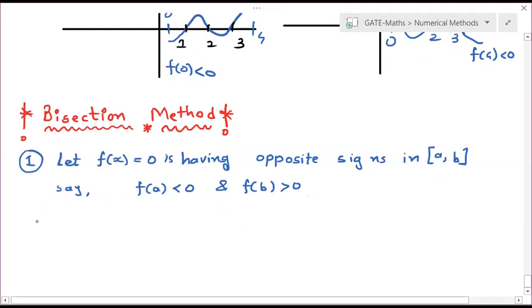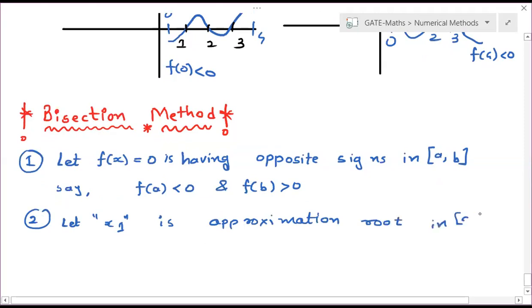Now next, let x1 be the approximate root in the interval a to b, and here your x1 is a plus b by 2.